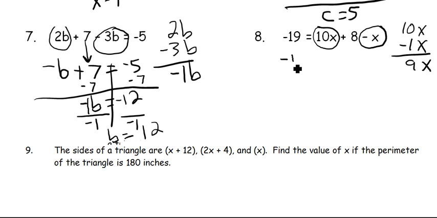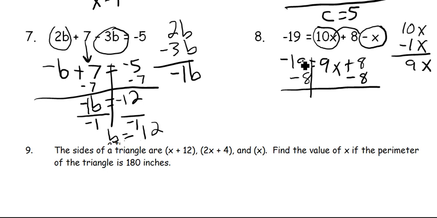So we write this, negative 19 equals 9x, see we combined those two and came up with that, plus 8. Okay, now we need to get rid of the 8, minus the 8. Negative 19 minus 8 is negative 27, equals 9x.